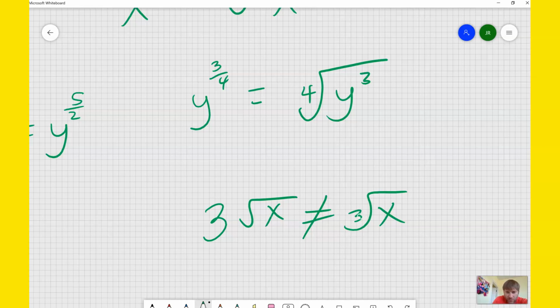This other one, since the 3 is small and it's written inside the check mark, is the cube root of x, or the 3rd root of x. So the left one is 3 times the square root of x, and the right one is the cube root of x. They're not the same thing. So you just got to make sure you're distinguishing between whether this number is written large or in a normal way and not inside the check mark, or whether the number is small and written inside the check mark.